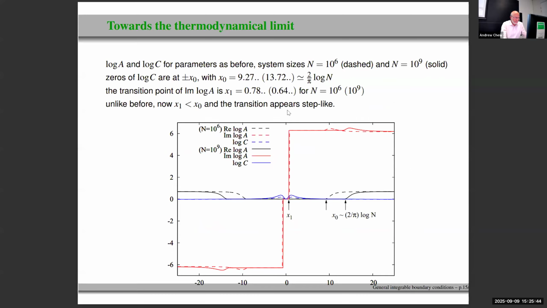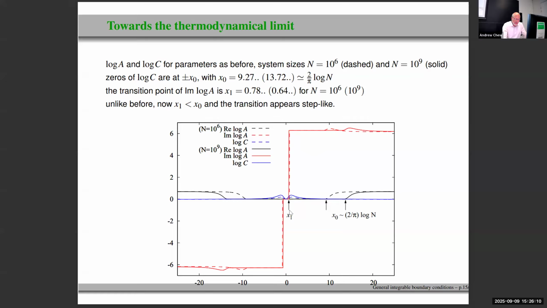So now let's look again at graphs for larger system sizes, for system size 10 to the 6 and 10 to the 9. There, the functions look completely different. Before, the winding from 0 to 2 pi appeared at a value larger than log n.